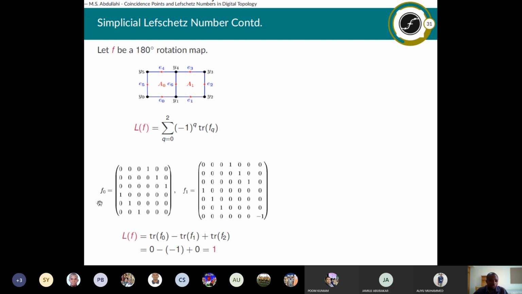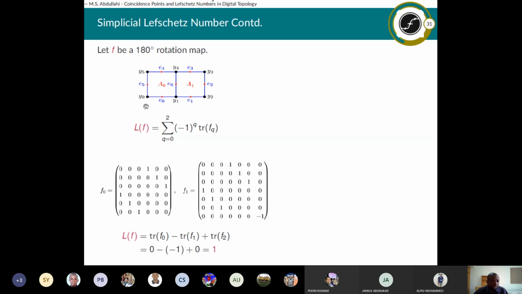The way to do that, for the first one, F0, is to consider zero-dimensional simplices, by which I mean the points. So here we have 6 points. We are going to list them here, and list the other 6 points here. Then we check where this function takes a point.